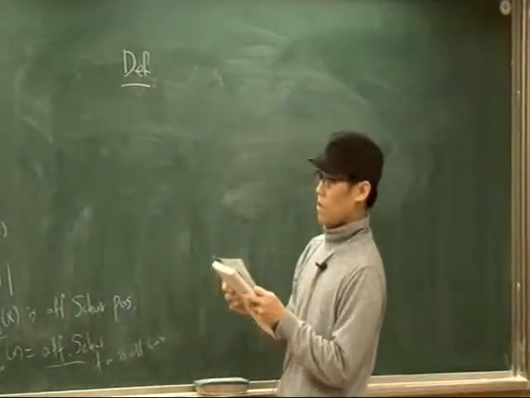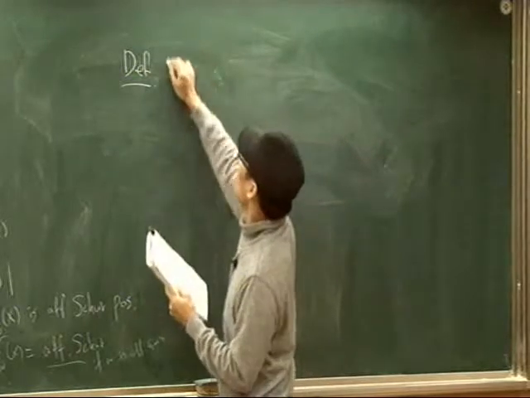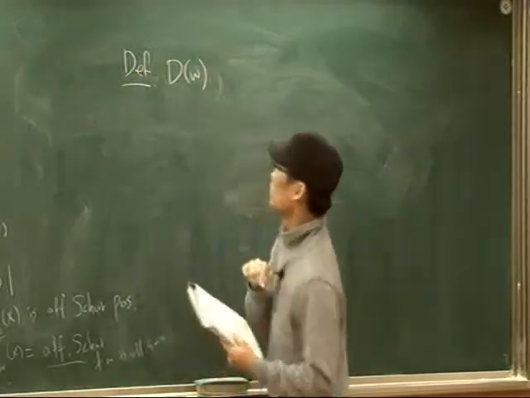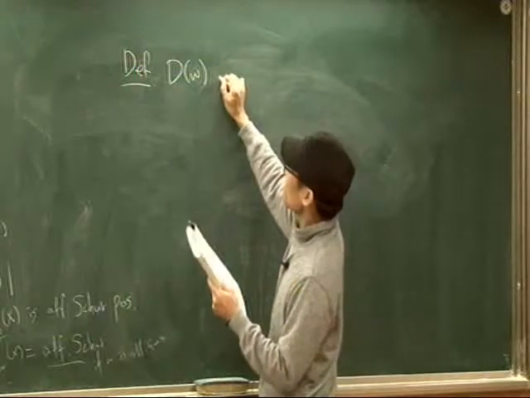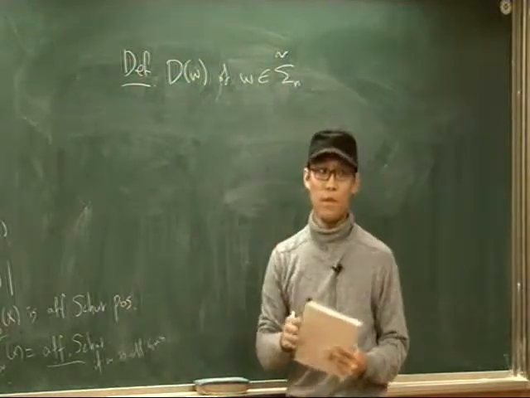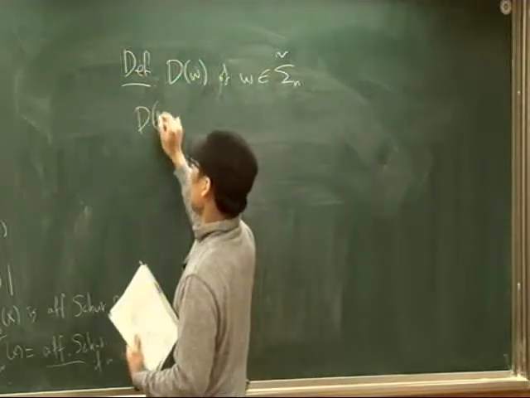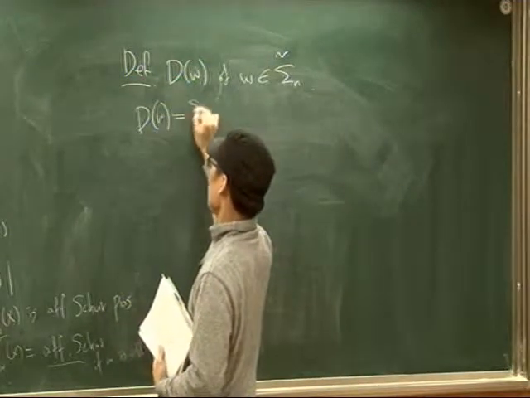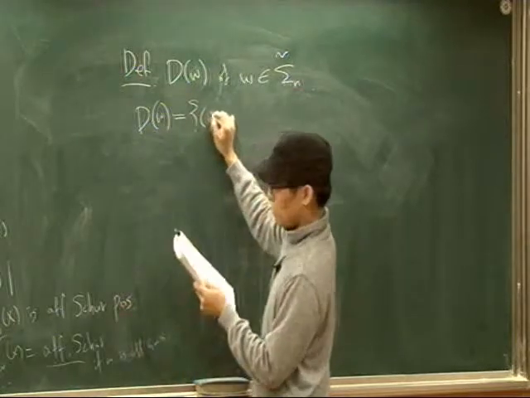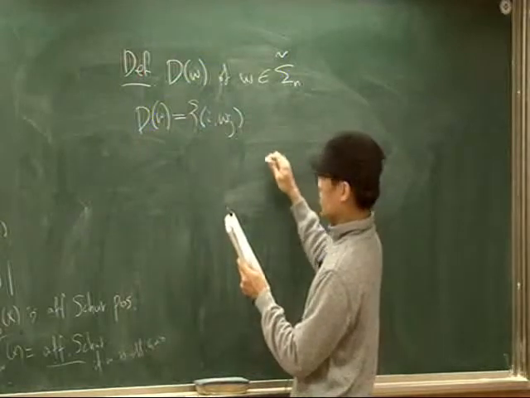Right. So we can try to define the diagram of an affine permutation. In this case, the definition is almost exactly the same as the diagram of a finite permutation.